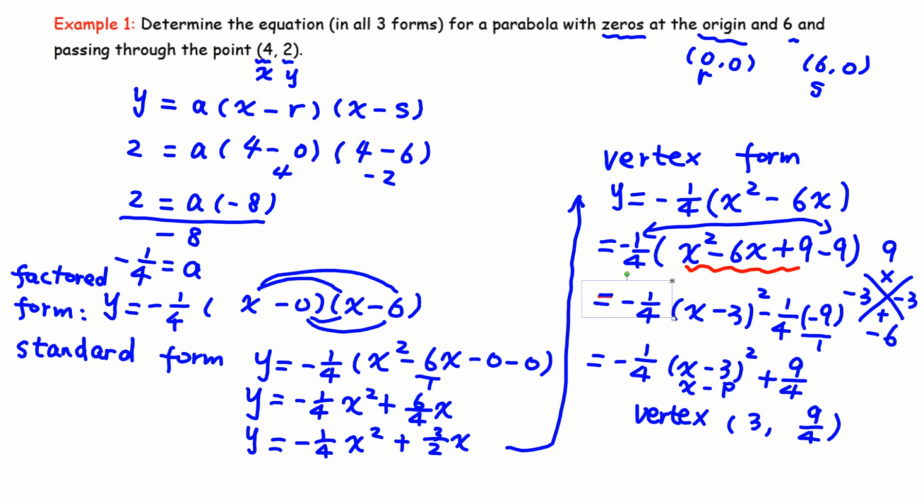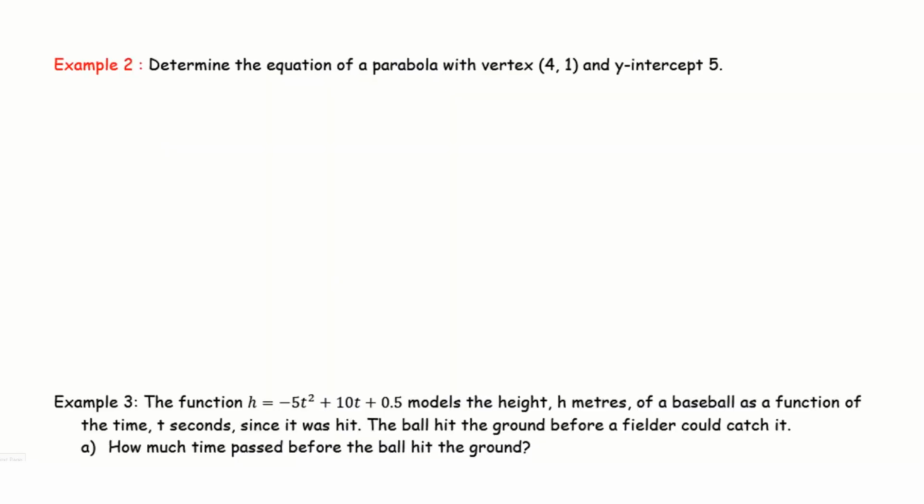And the next question, we are going to see if the given is the vertex, then we are going to use vertex form. So this one is vertex, and you have a y-intercept.